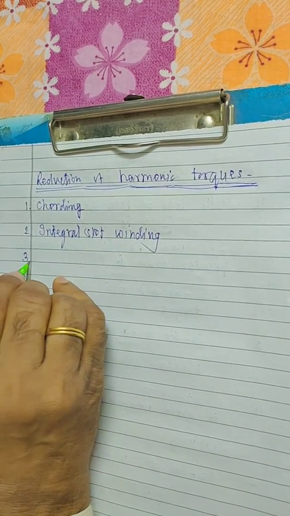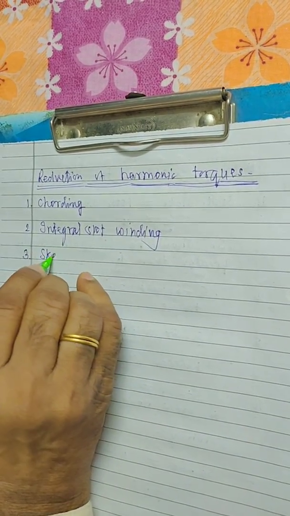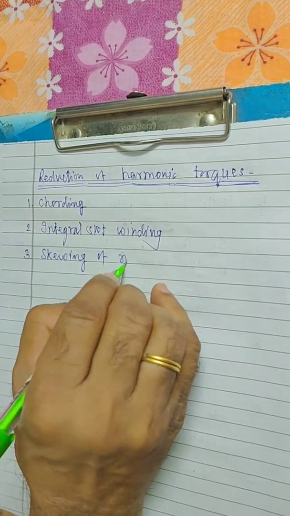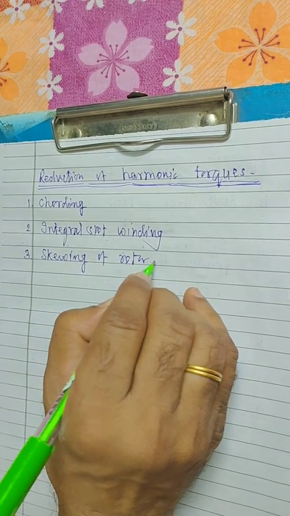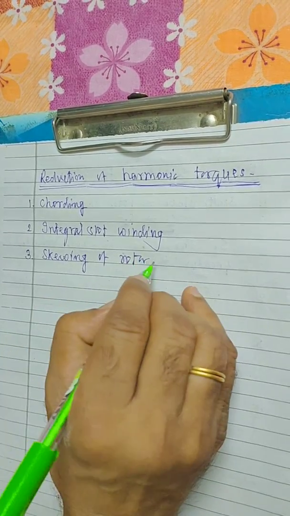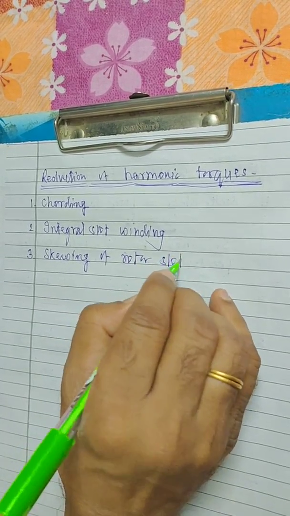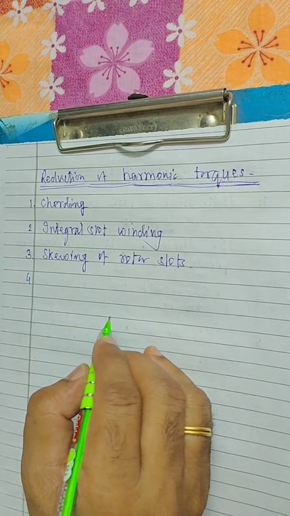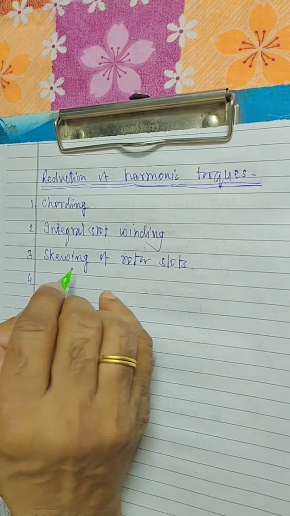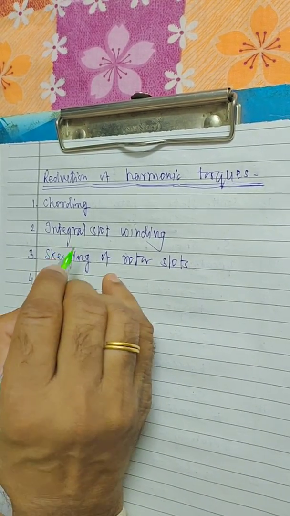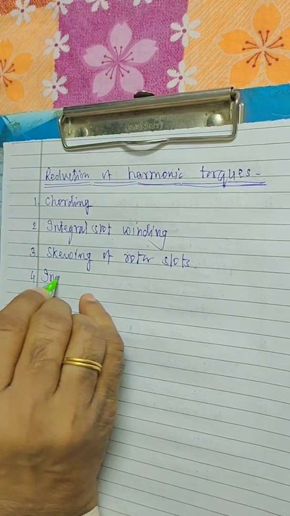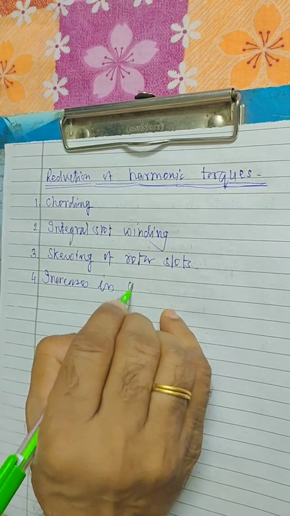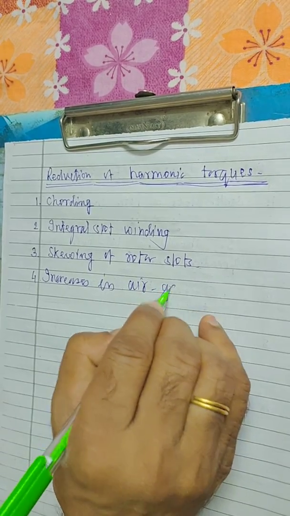Method number 3 is skewing of rotor slots. And number 4 is increase in air gap length.